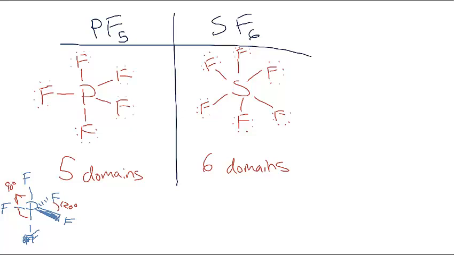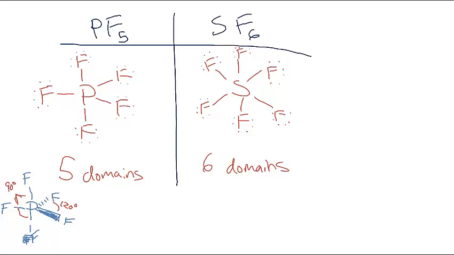So, for those of you at home, I highly recommend coming in and playing with the molecule kits. We give you paper to do that with, like some worksheets. So this is a 5-domain. We're going to pretend the white ones are Fs, even though they're normally Hs. So we see F on top, F on the bottom, F to the right, your left, my right, all on the plane, like whatever we want to call this plane.